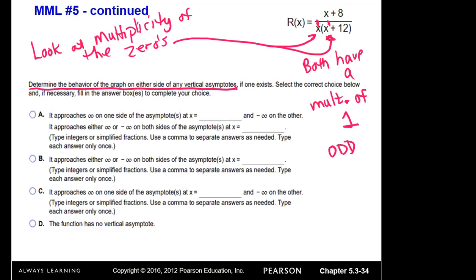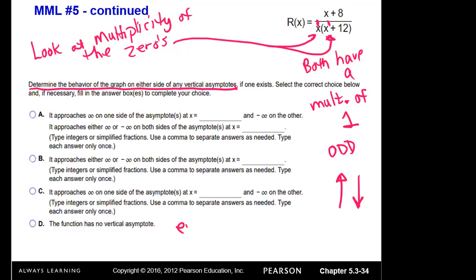Now, these are asymptotes, so you're not crossing an asymptote. You don't cross or touch an asymptote at all. You're trying to figure what the graph is doing on either side. I'll use the same concept with this as I do with graphs and their end behavior. Remember, if it's an odd, one end will be up and the other end will be down.